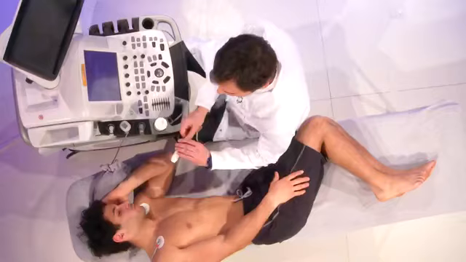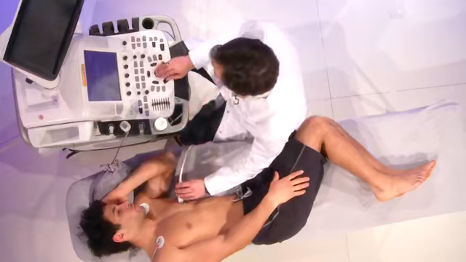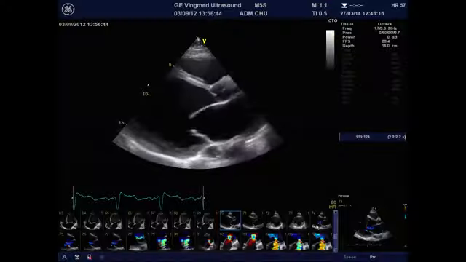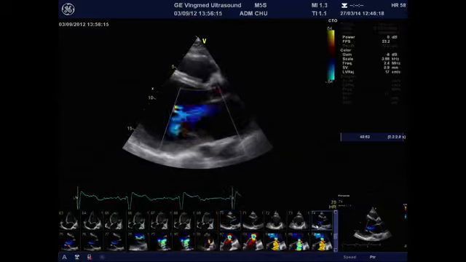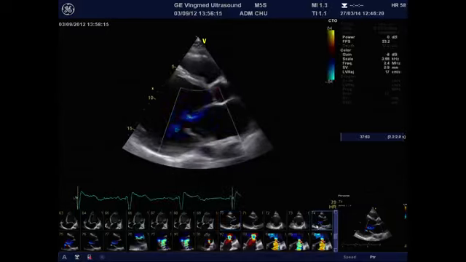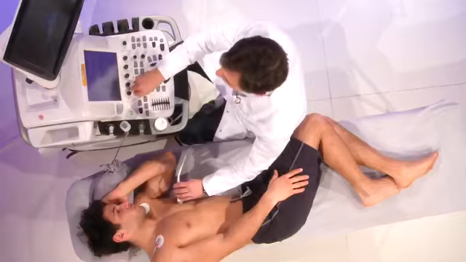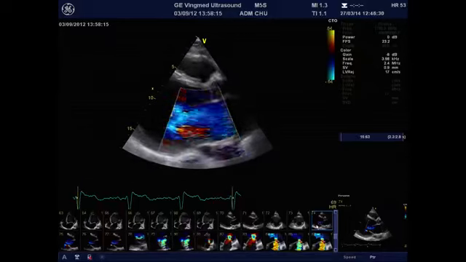The first is to take the parasternal long axis view, and with the parasternal long axis view you have to search for the mitral regurg. For sure, depending on the gain setting, you can modify the severity of the mitral regurg. And just to show you, if I put this like that, I will have a severe mitral regurg.